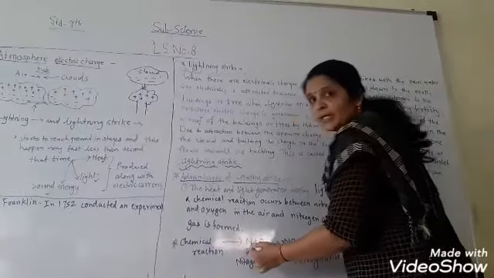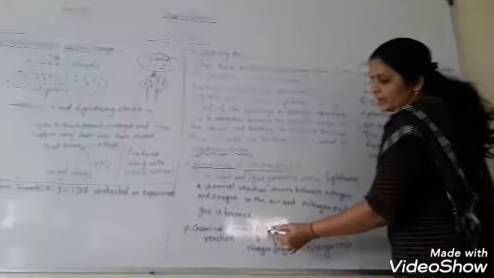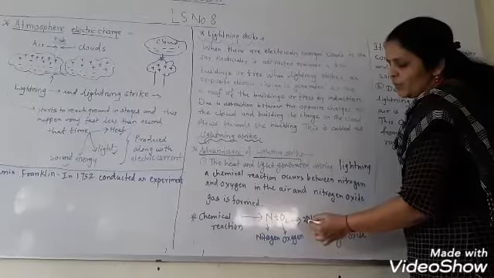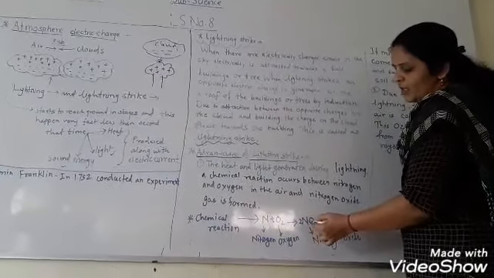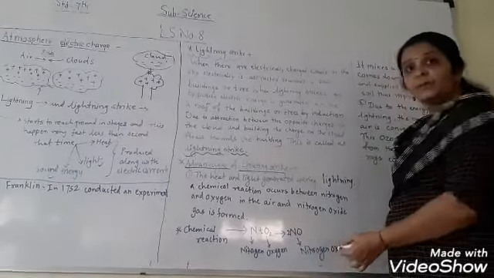In this way the chemical reaction takes place. When nitrogen reacts with oxygen, what do we produce? 2 NO. NO means nitrogen oxide. Is that clear?